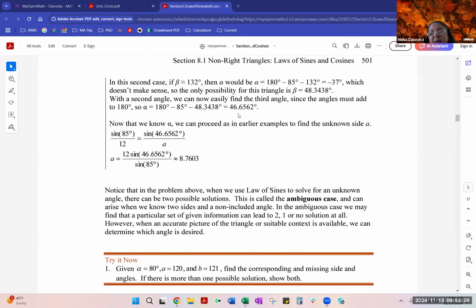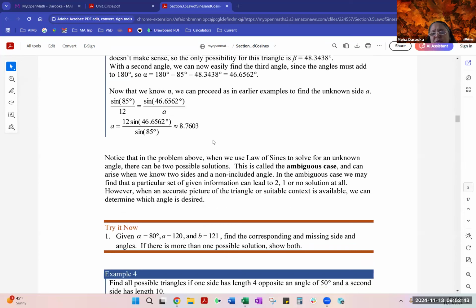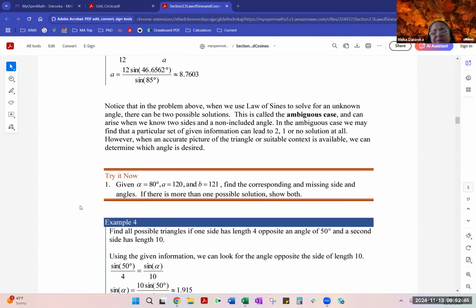So of course, in this example, we came up with one single solution, right? Because that second one did not make sense. The 132 would not work. So obviously we had no results coming from that angle. So we only came up with one result, and we came up with our answers following that.